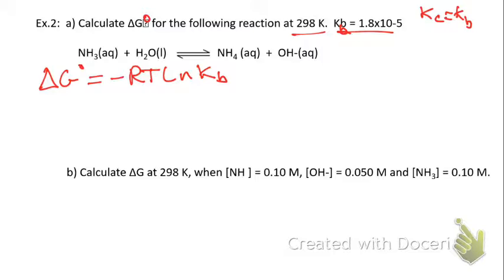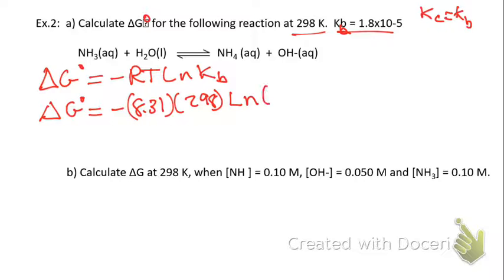And we already know what Kb is, so we just need to find delta G. So delta G naught is equal to negative 8.31 times 298 Kelvin, that's our temperature, times the natural log of 1.8 times 10 to the minus 5, right?